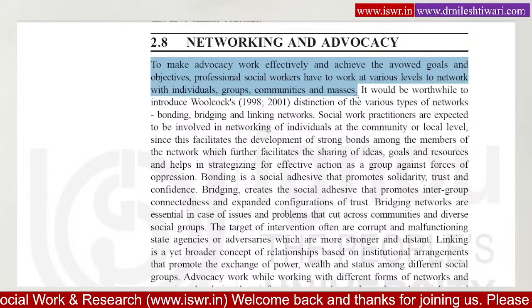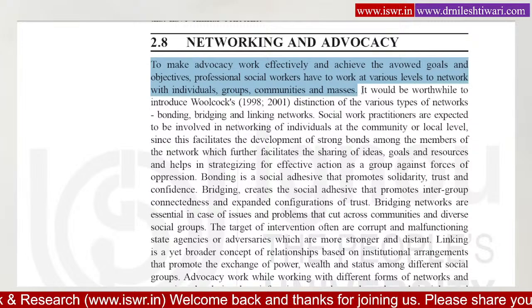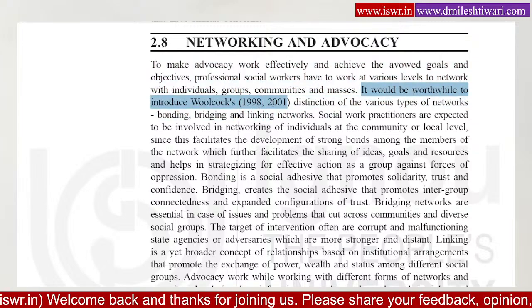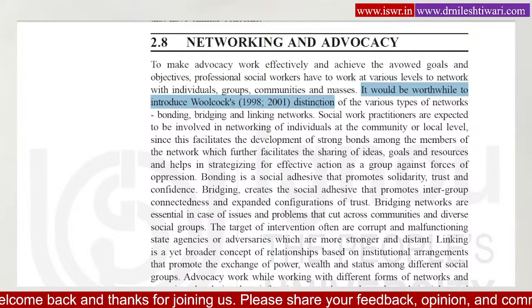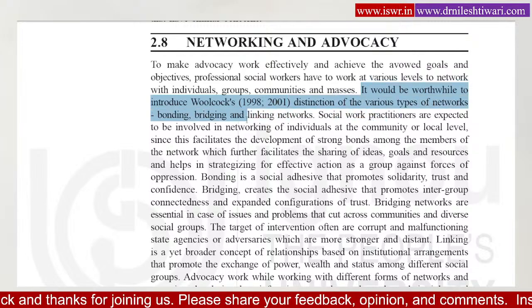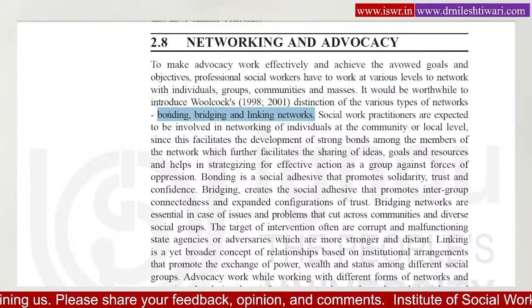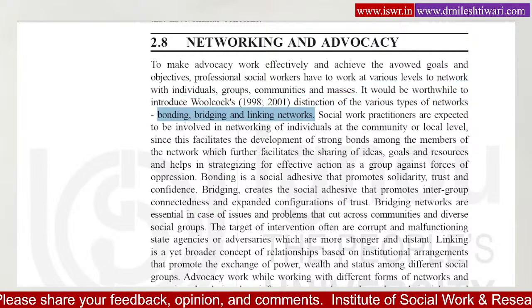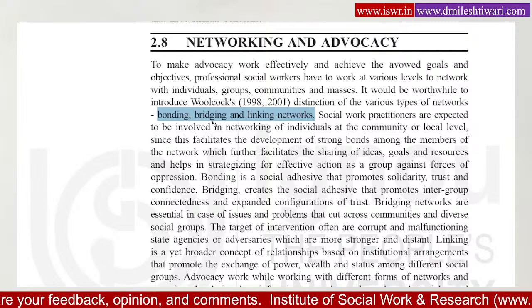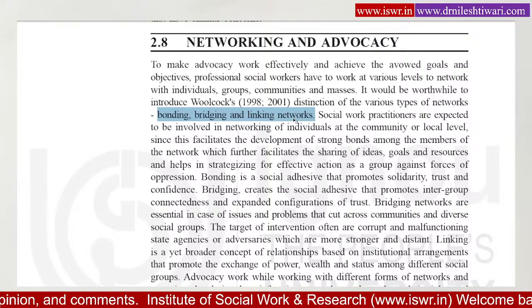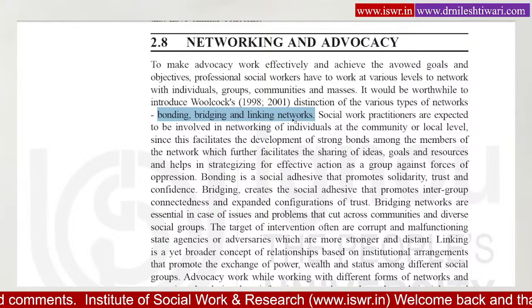It would be worthwhile to introduce Woolcock's 2001 research, which distinguishes various types of networks: bonding network, bridging network, and linking network. So three types of networks have been discussed.